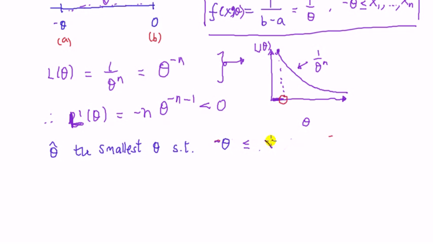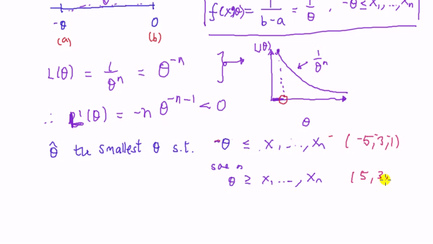Minus theta is less than x1, x2, x3 all the way to xn, and we just said that is the same as saying theta is bigger than or equal to minus x1 all the way to minus xn. If we think about some data, pretend we've got the numbers in our sample minus 5, minus 3, minus 1, because the x's are negative figures. Then over here, our numbers become 5, 3, 1.